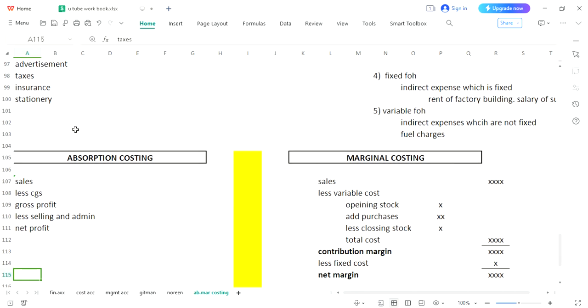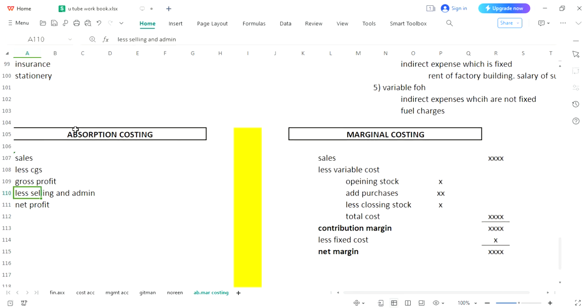So you will subtract these selling and administrative expenses. For cost of goods sold, for those who are seeing these things for the first time, you have already calculated it.